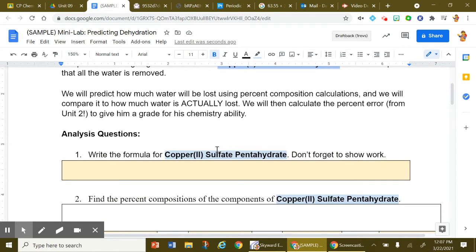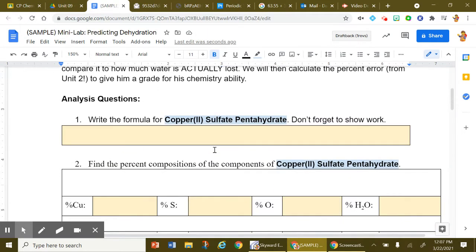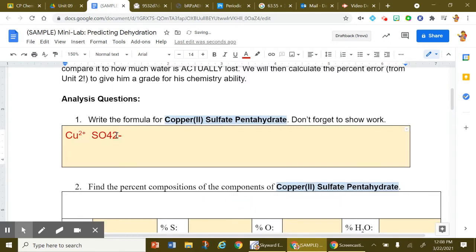All right, so let's get down to it. First of all, if we're working with copper 2 sulfate pentahydrate, we need to figure out what the formula is. Copper 2 is Cu with a 2 plus charge. Sulfate is a polyatomic ion, SO4 with a 2 minus charge.